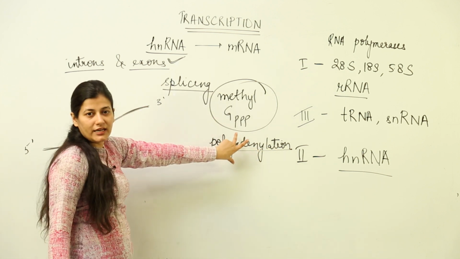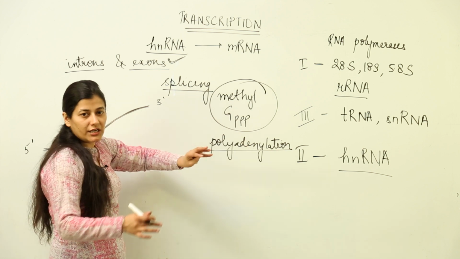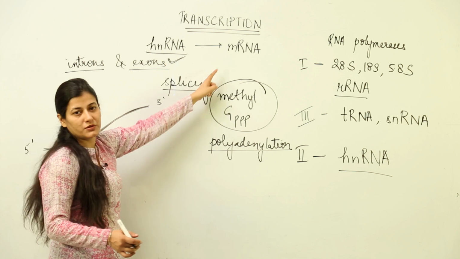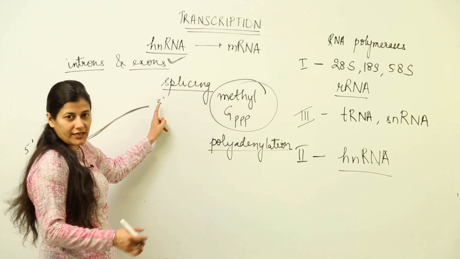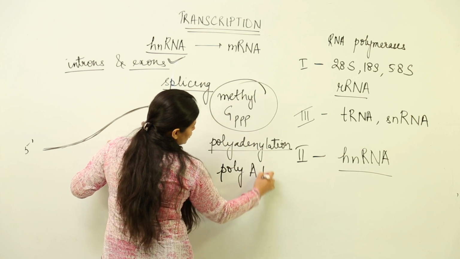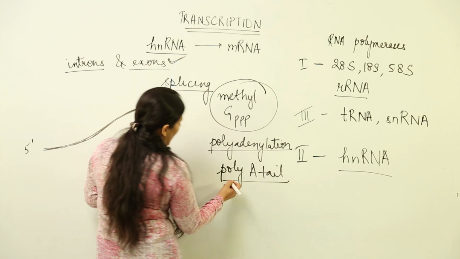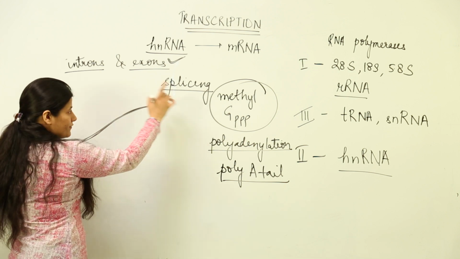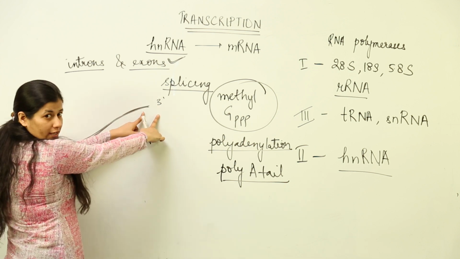This polyadenylation is done without taking into consideration what substrates are there. Many adenyl groups are added at the 3' end, which leads to the formation of a poly A tail. While here we add methyl guanosine triphosphate, here we have the poly A tail.